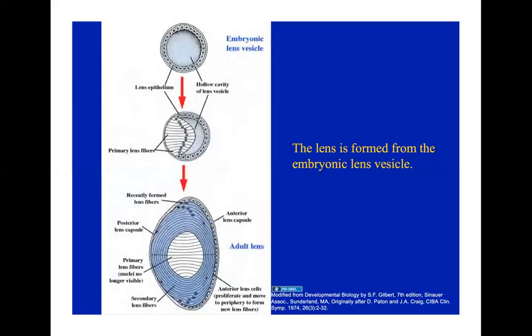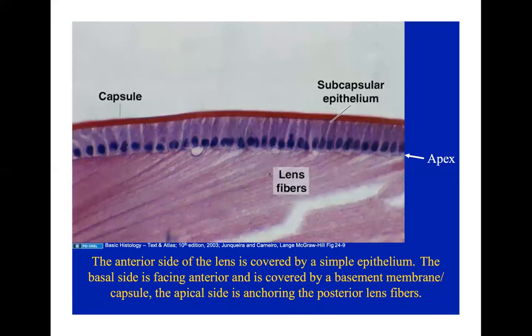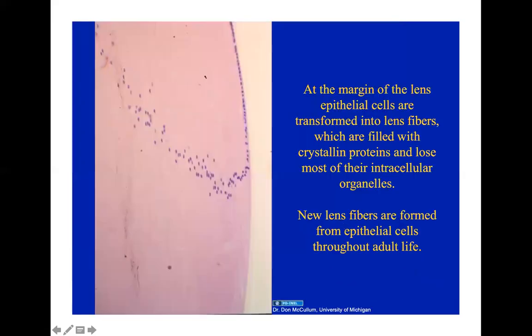So the lens, you just go back to the embryonic origin of the structures that we have earlier, that is found in a table. So just review where the lens comes from. Then the anterior side of the lens is made up of your simple epithelium, while the basal side is covered by your basement membrane. Okay.